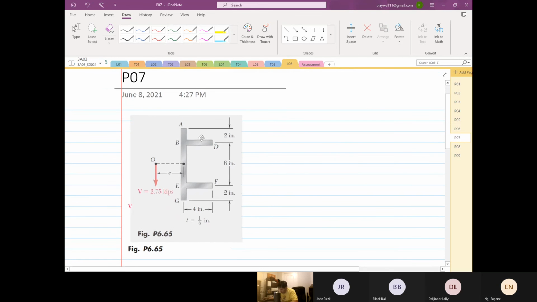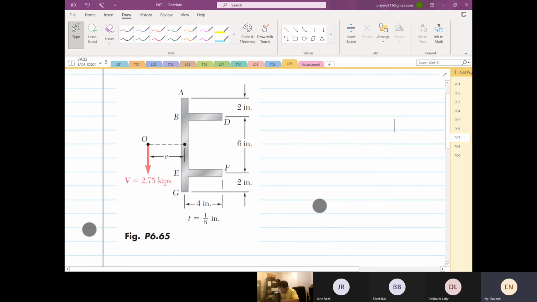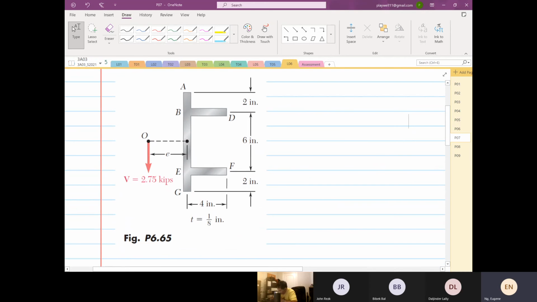So we're going to find stresses at point A, point B, point D, point E, point F, and point G. So we are going to draw the shear flow. This is how our shear flow is going to go.